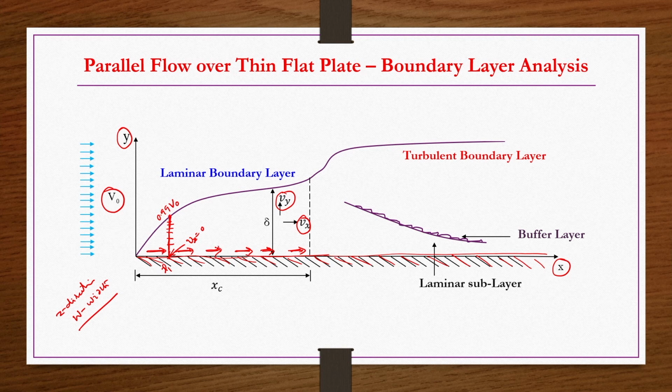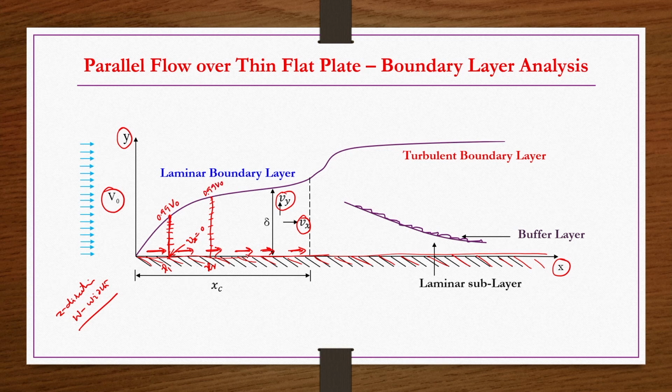Similarly, you take another location, x2, and here also as you move away in the normal direction from the solid surface, the velocity gradually increases, and you find the location where the velocity becomes 99% of V naught.